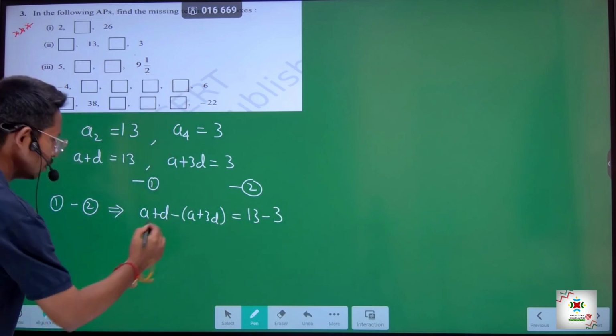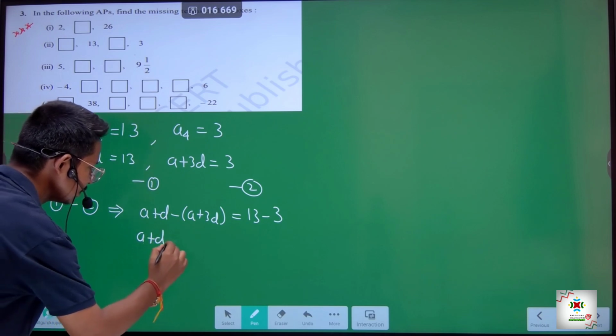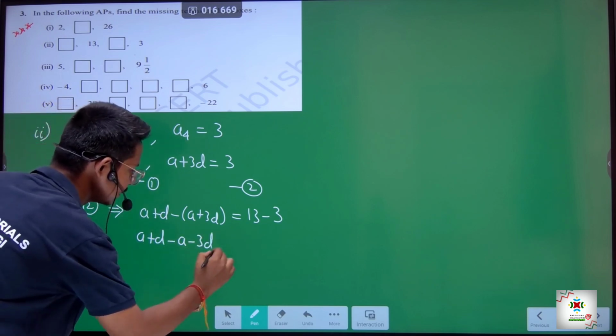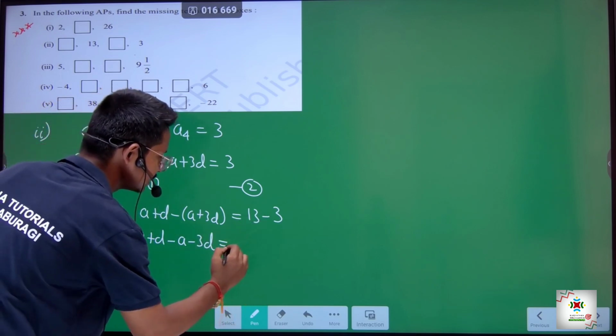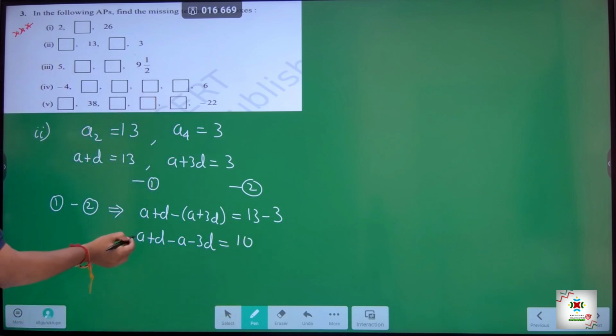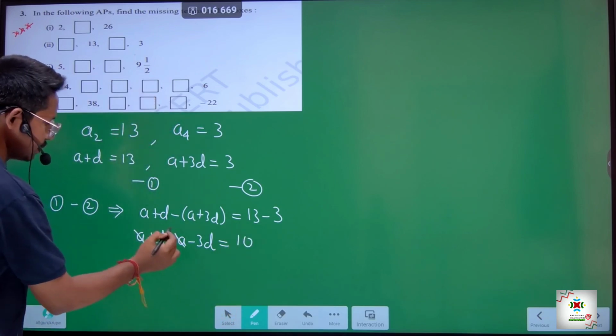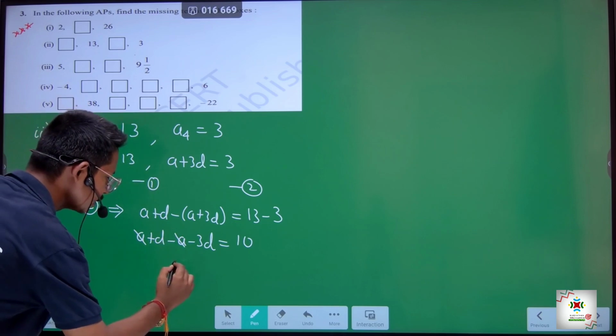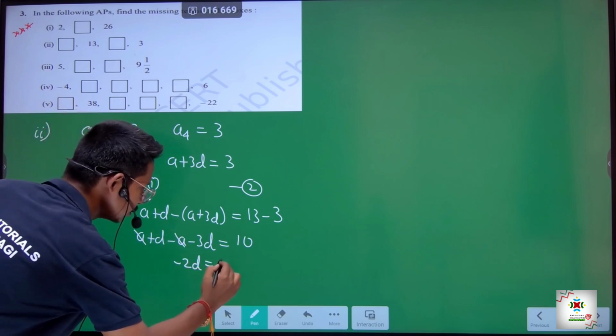Now I'll open the bracket first: minus A minus 3D equals 13 minus 3, which is 10. Now plus A minus A gets cancelled. Plus D minus 3D equals minus 2D.